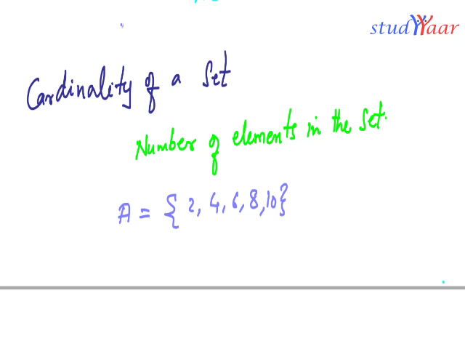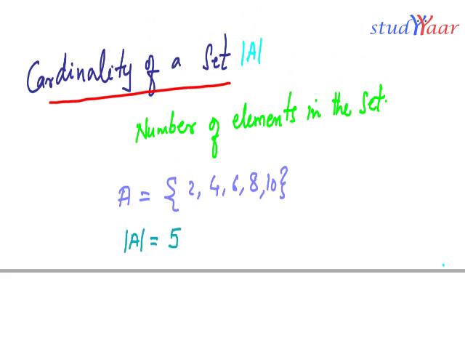Then cardinality of A is represented like this, and it is equal to the number of elements, which is 1, 2, 3, 4 and 5. So I'm going to write cardinality of A is equal to 5. The symbol is this for you to remember. Obviously it is only applicable to a finite set. If it is an infinite set, the cardinality has no meaning.